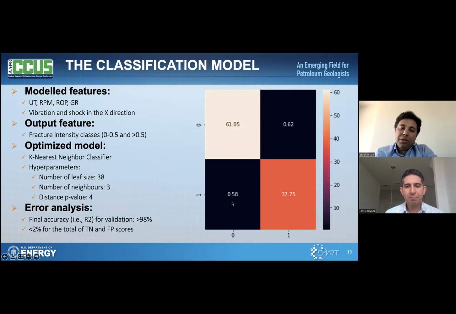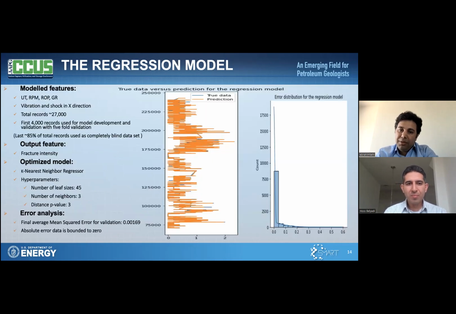And then we did the error analysis on this. Basically, all the errors for the regression model were distributed around zero. And then, coming to the regression model, again we performed that and again got very high accuracy. But remember, one of the other objectives was to reduce the amount of labeled data required from the expert.